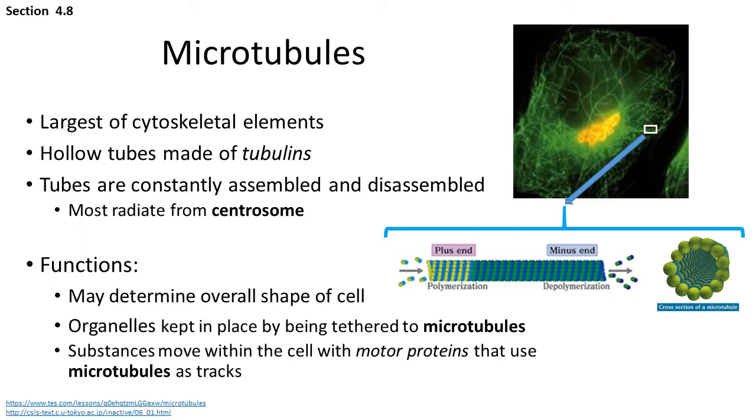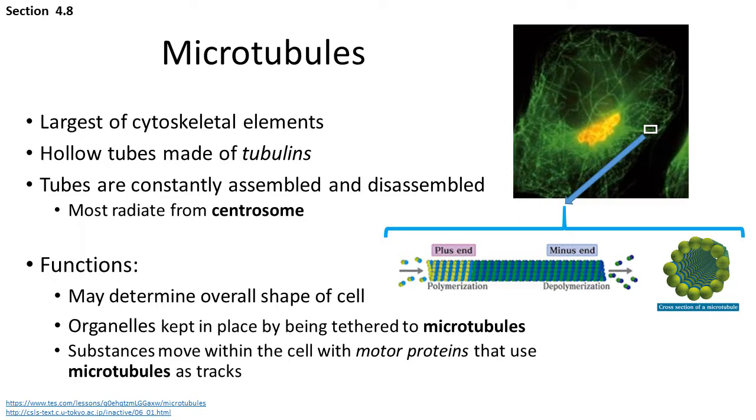Microtubules are the largest of the cytoskeletal elements. They are composed of hollow tubes made of tubulin. So their individual subunits are tubulin subunits. These tubes are constantly assembled and disassembled, and most radiate out from a centrosome which contains centrioles.